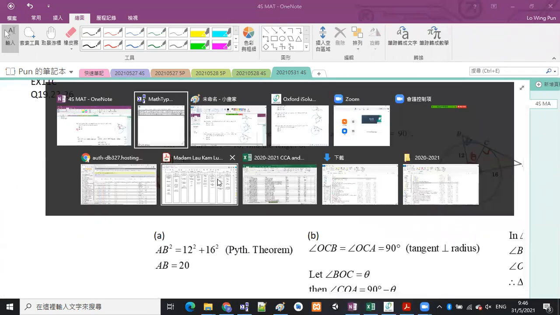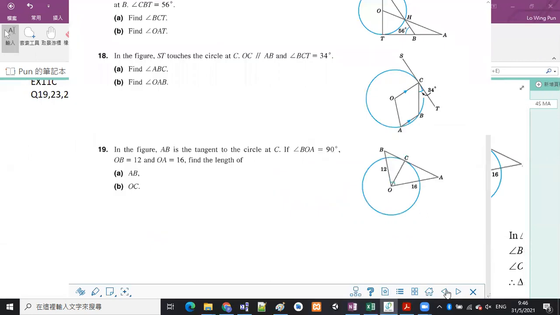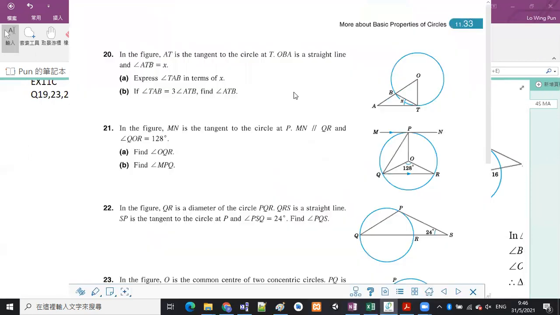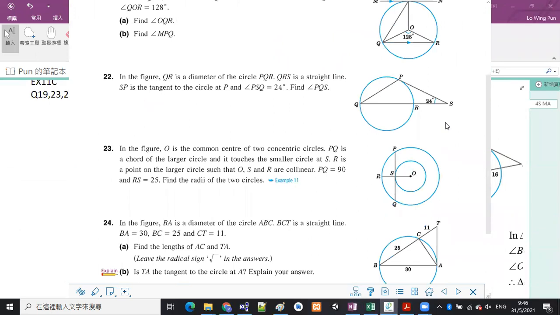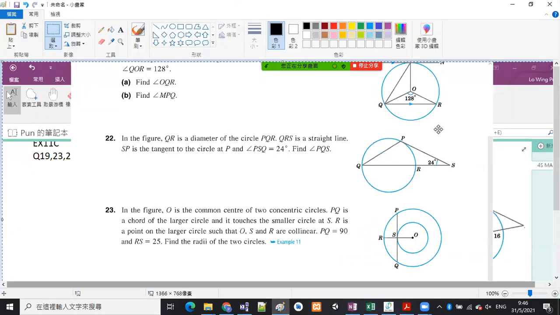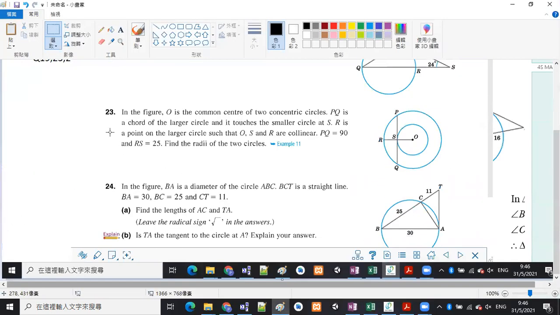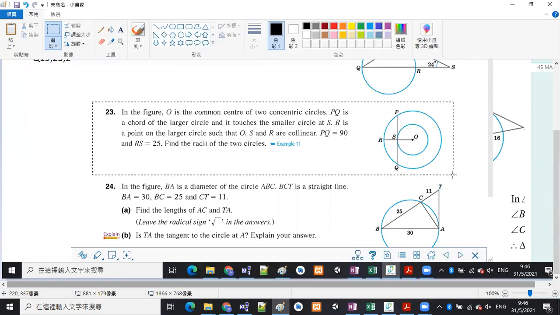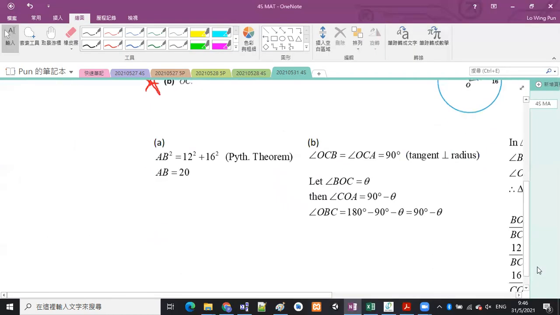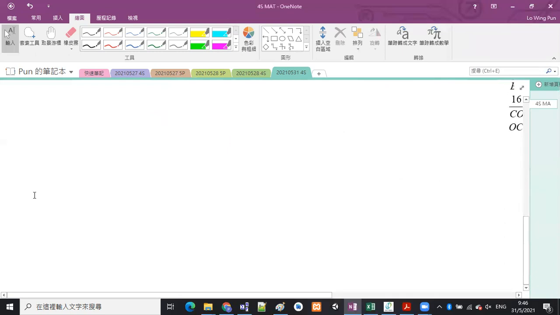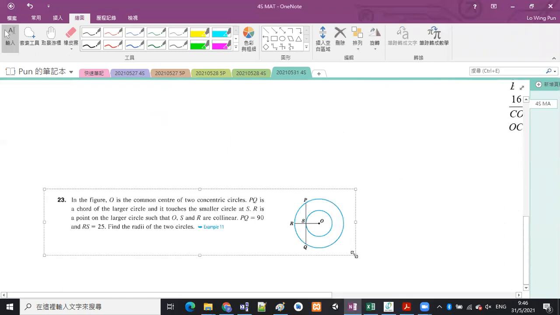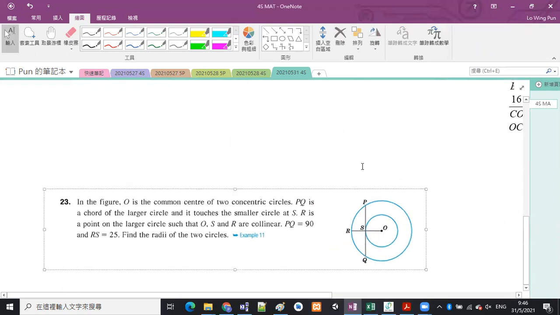Question number 23. In the figure, O is the common center of 2 concentric circles.